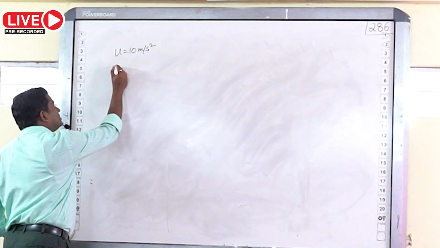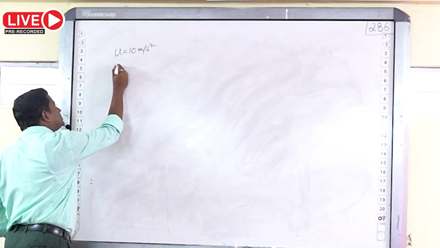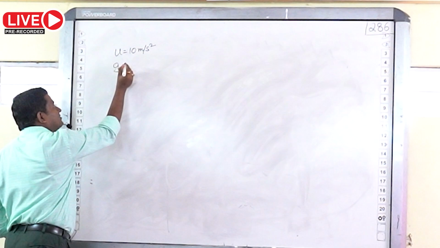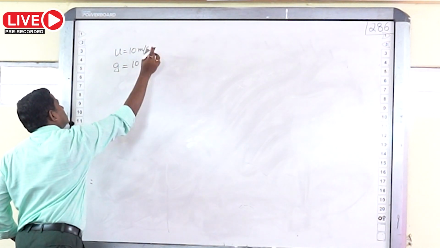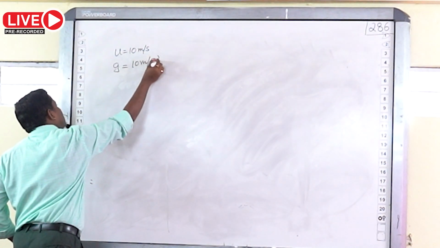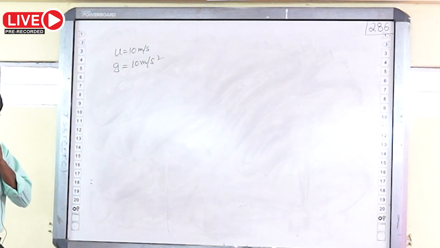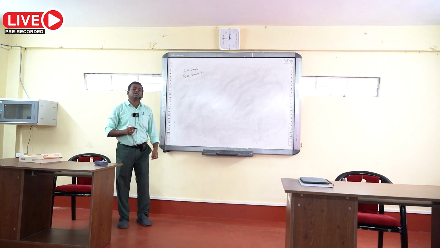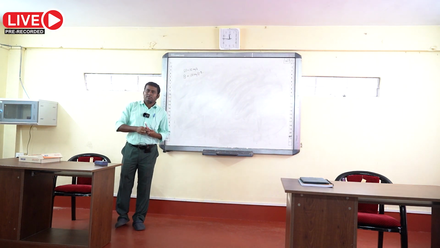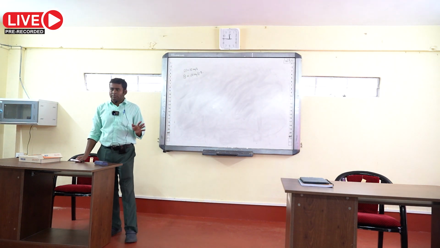Final velocity we will discuss. Acceleration due to gravity is given, that is 10 meter per second square. Okay. Now, what else is required? You have to find out the time.